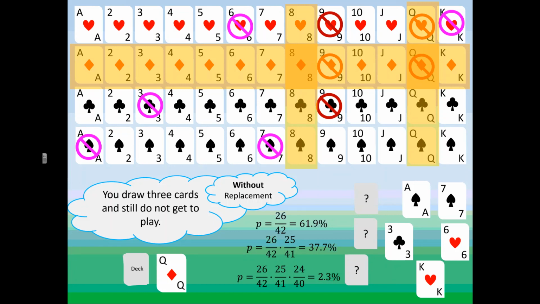In this case, it's actually a fairly good probability that you'll get one of those golden cards in the 3 draws. In the 3 draws, that would be the opposite, or the complement. So in 3 draws, you would have a 97% chance of getting one of those golden cards that will allow you to play.